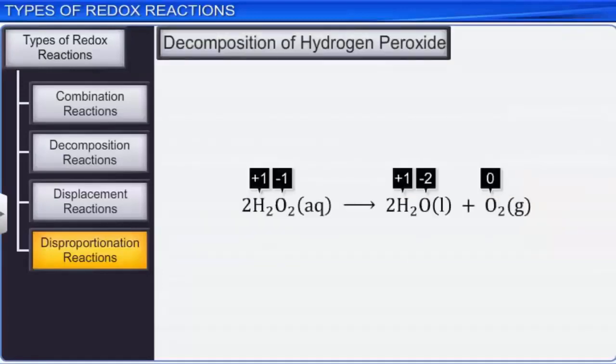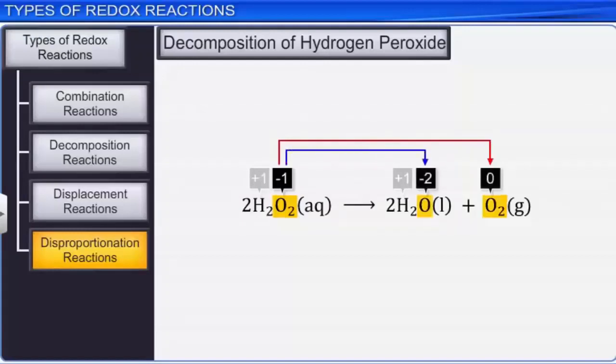For example, the decomposition of hydrogen peroxide is a disproportionation reaction. Here, oxygen has a -1 oxidation number in hydrogen peroxide. It gains electrons and increases to 0 in O2 and decreases to -2 in water.